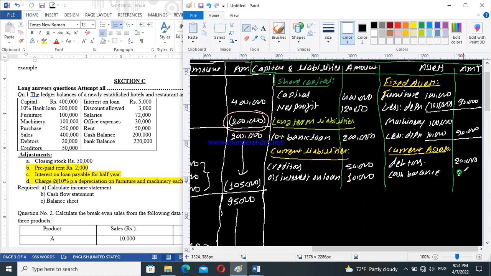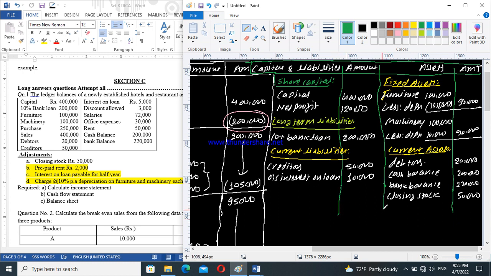Cash balance 2 lakh. Bank balance 2,20,000. Closing stock 50,000. Okay, finally complete the balance sheet.